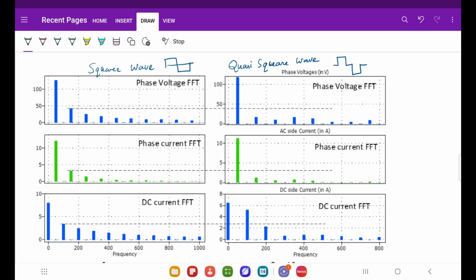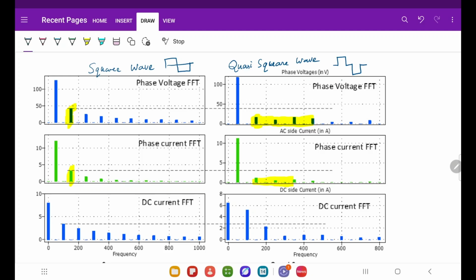In square wave, the voltage FFT, or the phase current FFT, you can see that the magnitude is quite high, right? But if you see the phase voltage FFT in the quasi square wave, it is reducing.